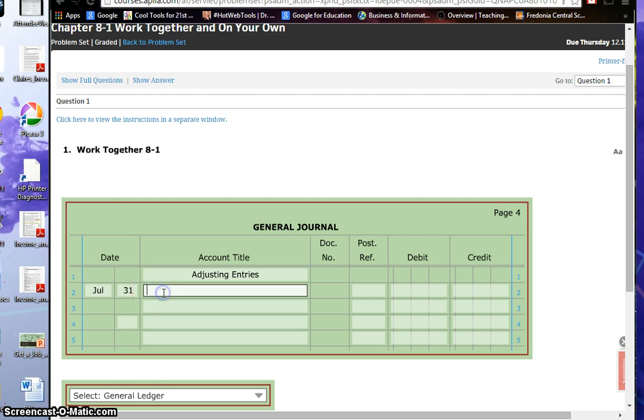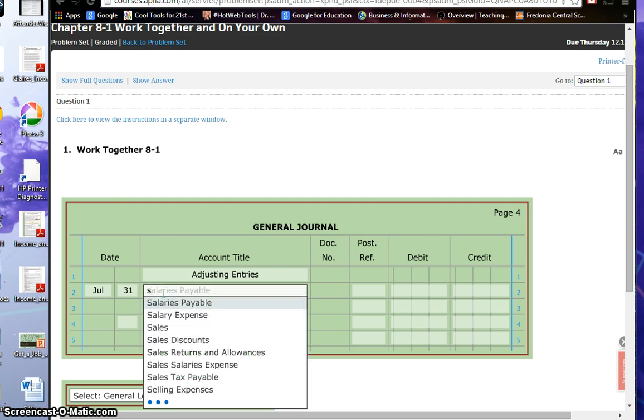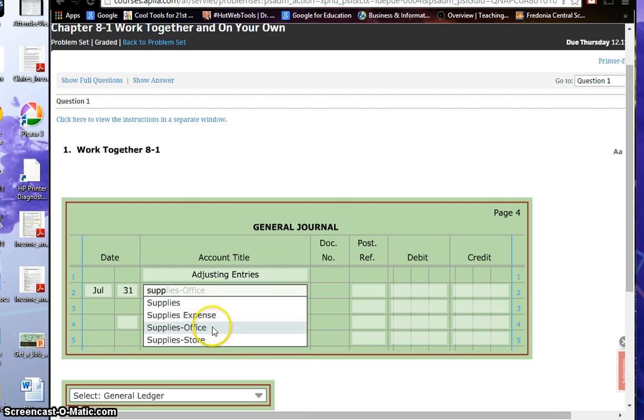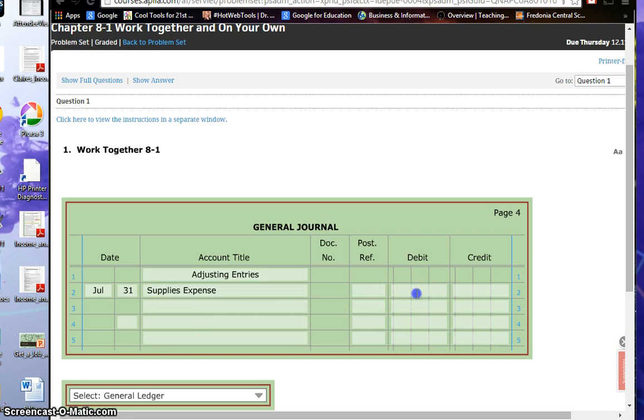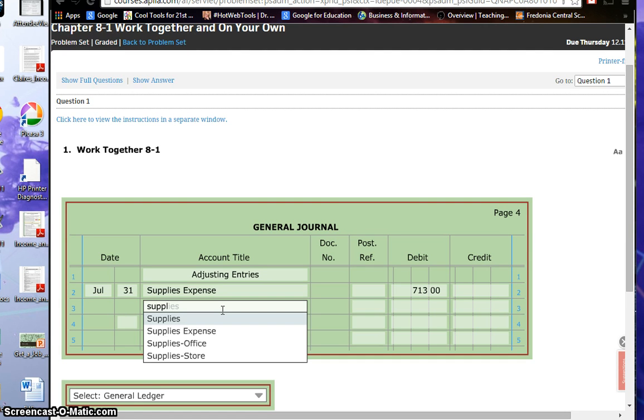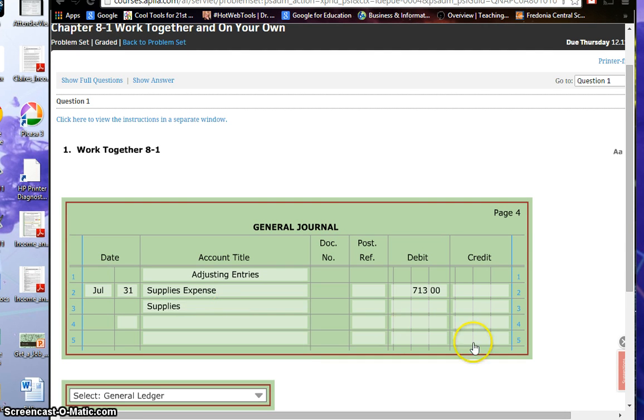And again, we always record the debit first, so we're going to record supplies expense. And the amount was $713. And our credit was supplies for the same amount, $713.